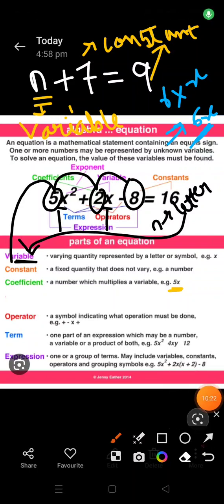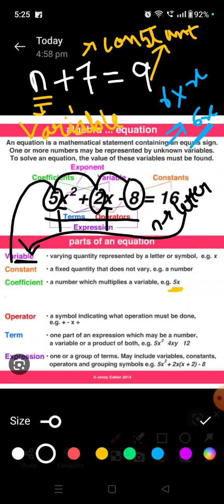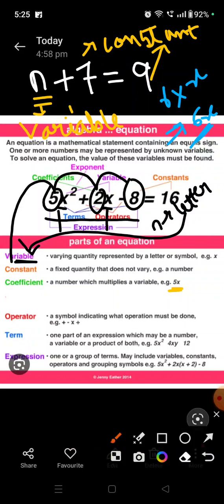A term is one part of an expression, which may be a number, a variable, or a product of both. So this is an expression. Mostly this is an expression.